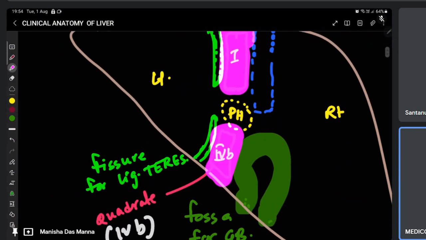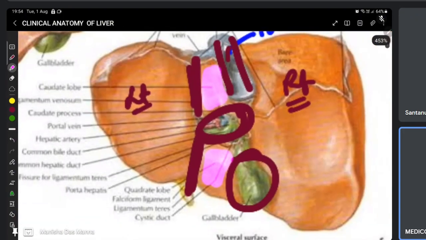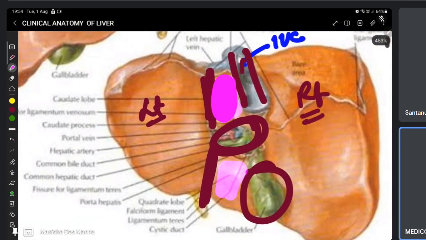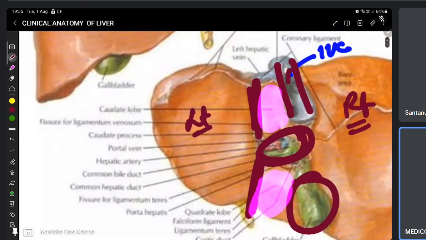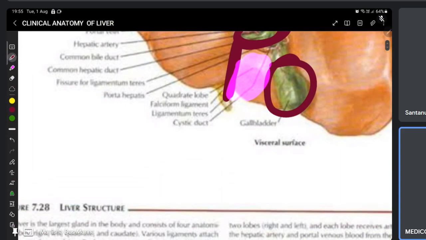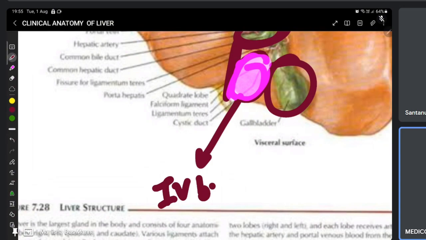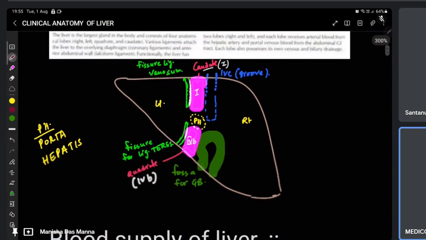In Couinaud's classification, the caudate lobe is number 1, and the quadrate lobe is number 4b. I'm going to discuss this later.